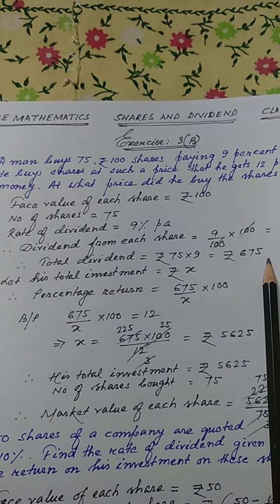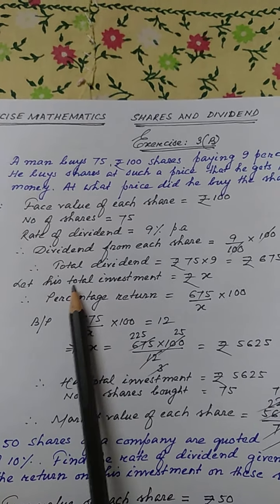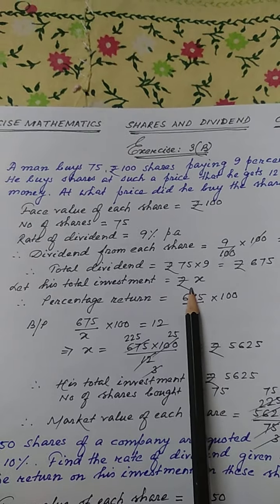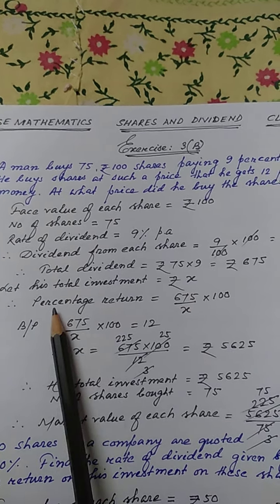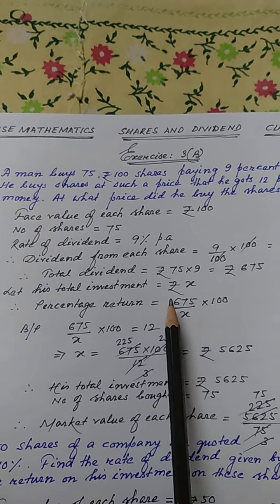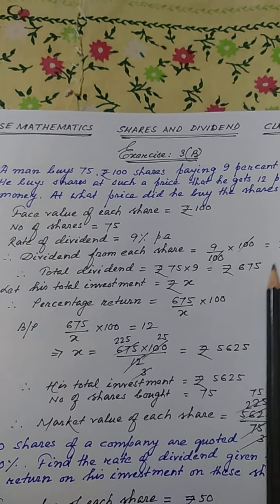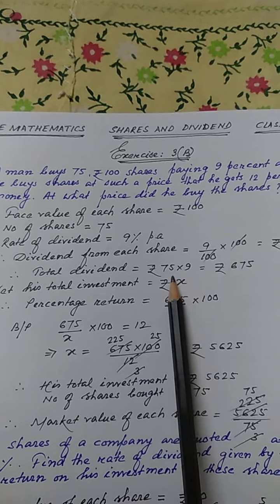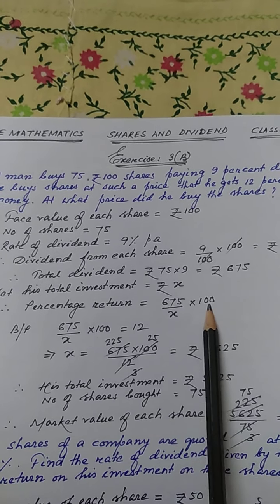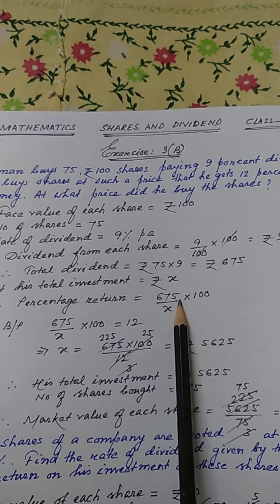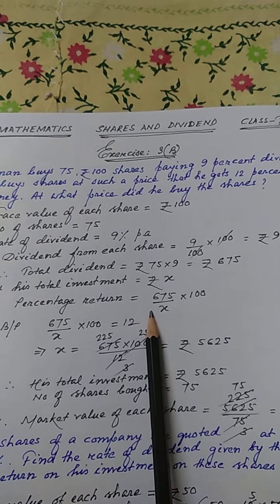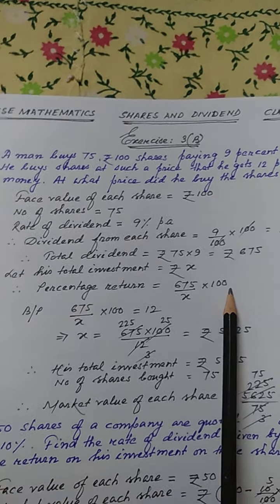And now let his total investment be rupees X. So percentage return will be total dividend by total investment into 100. So I did here 675 by X into 100.